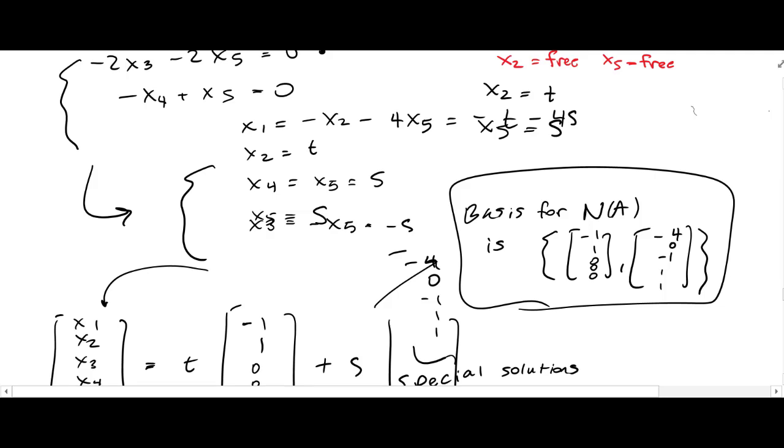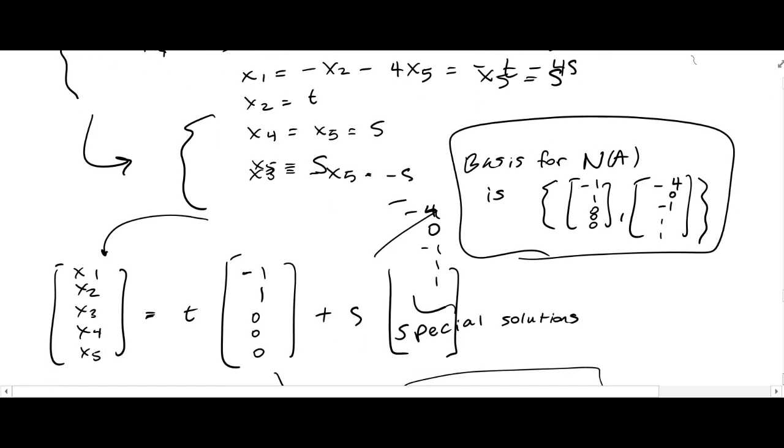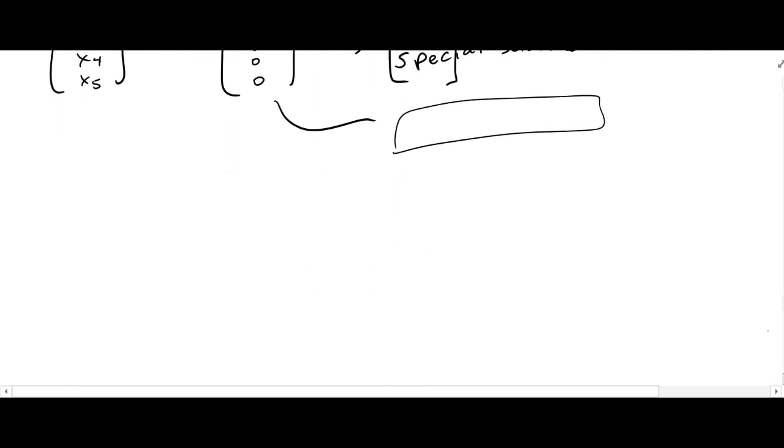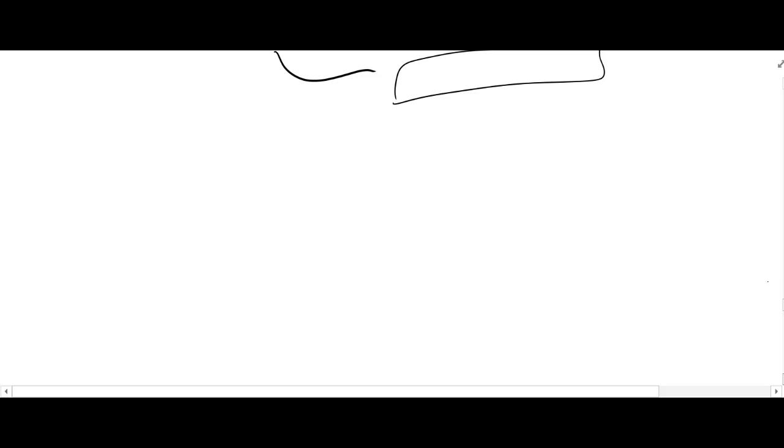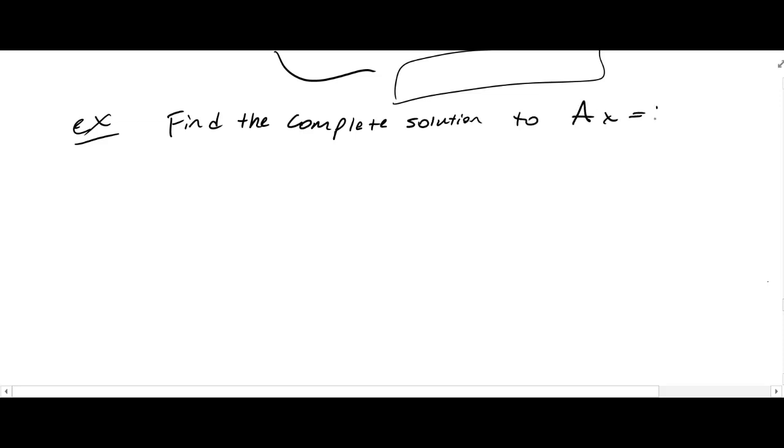Okay, so let me do a quick thing about finding a complete solution. And to make it faster, I will use the matrix we just did. So let's say we want to find the complete solution to AX equals B, where A is the matrix we just did.